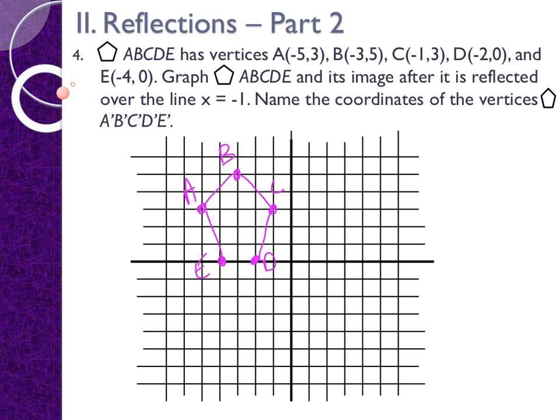Graph pentagon ABCDE and its image after it's reflected over the line x equals -1. So we know that x equals a constant is going to be a vertical line. So my line's going to be x equals -1.